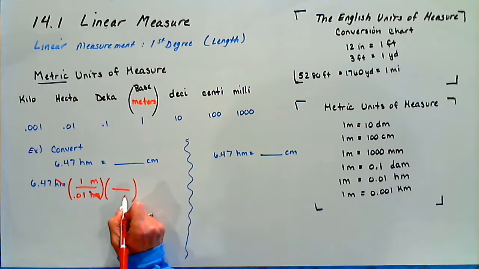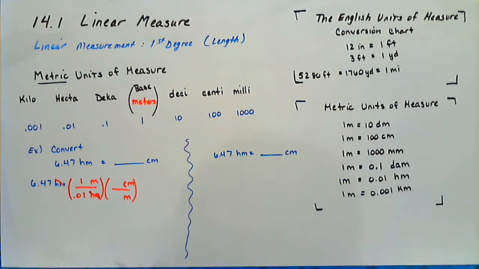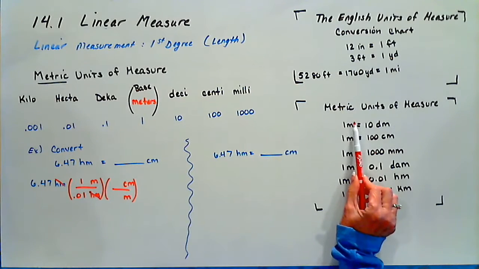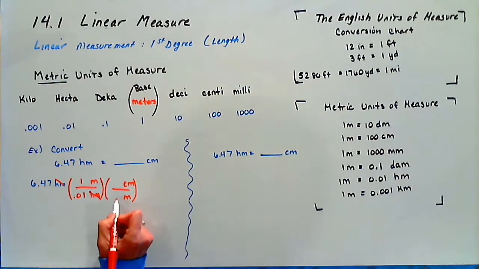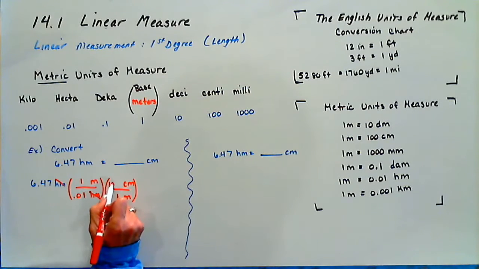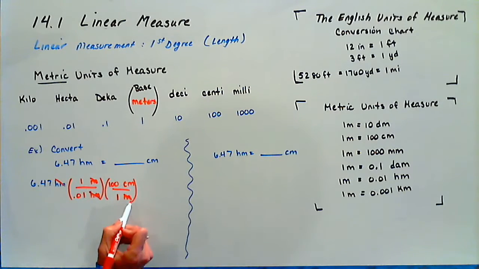This time, I want to eliminate meters, and I want to convert meters to centimeters. Well, let's see. 1 meter is the same as 100 centimeters. And now we would be reducing out the meters.